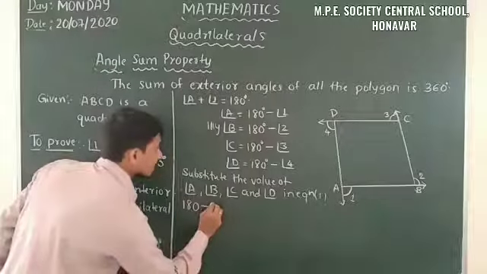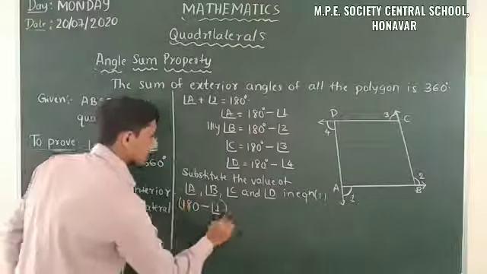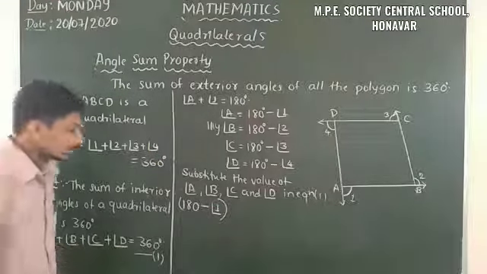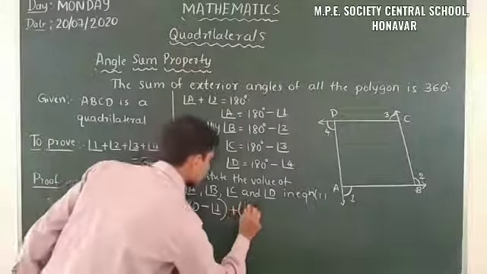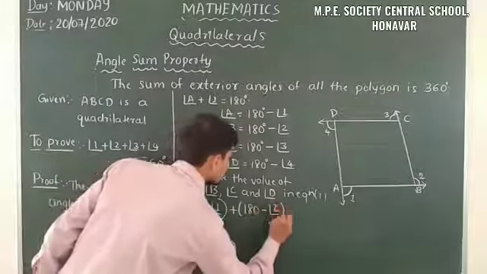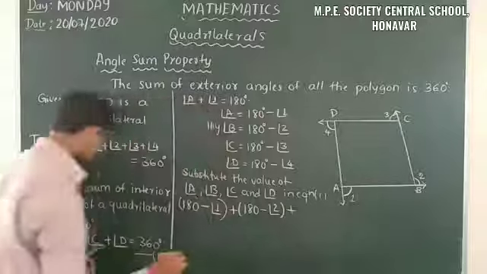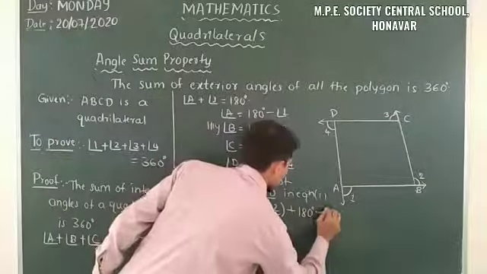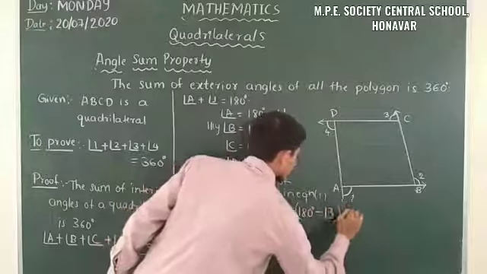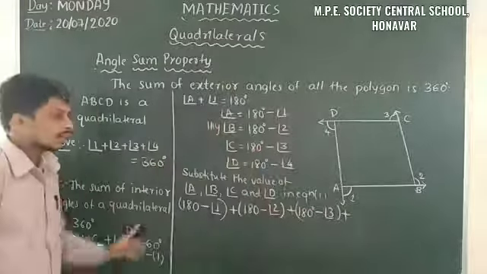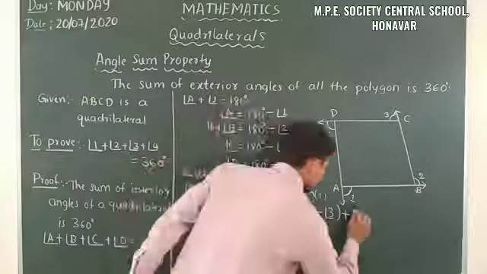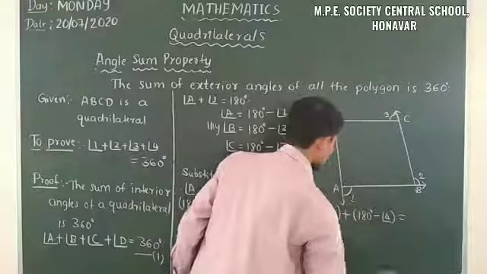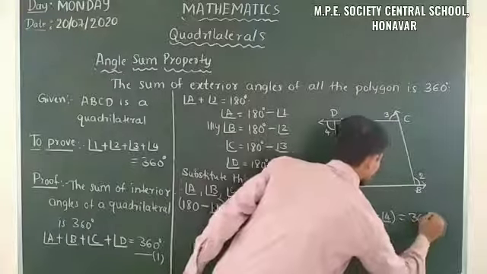A is 180 degrees minus angle 1, plus B is 180 degrees minus angle 2, plus C is 180 degrees minus angle 3, plus D is 180 degrees minus angle 4, is equal to 360 degrees.